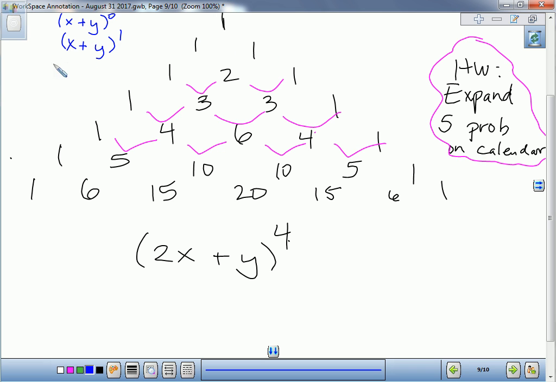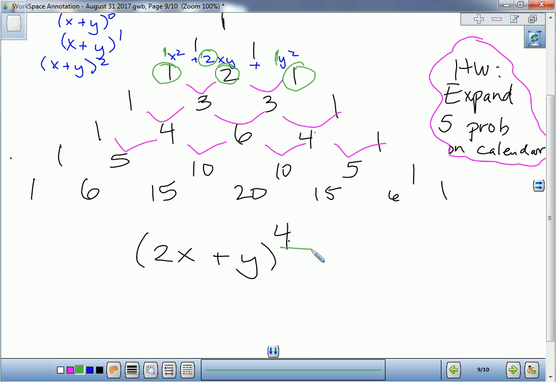The next row represents x plus y to the second. If we squared this, it would be x squared plus 2xy plus y squared. So if we take a look at the leading coefficients, 1, 2, 1, those are represented here inside Pascal's triangle.